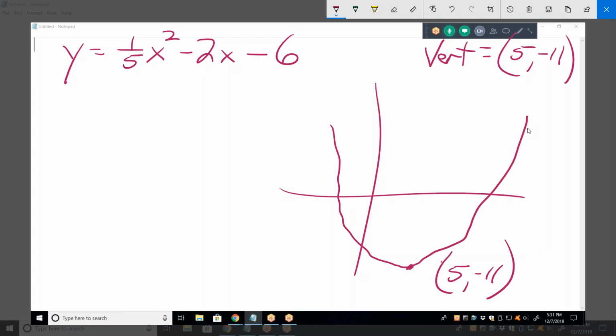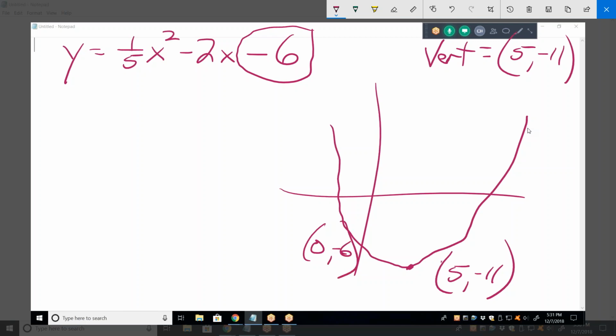What's the easiest other point to find? The y-intercept. And what is that? In standard format, it's always that number right there. -6. So 0 comma minus 6.